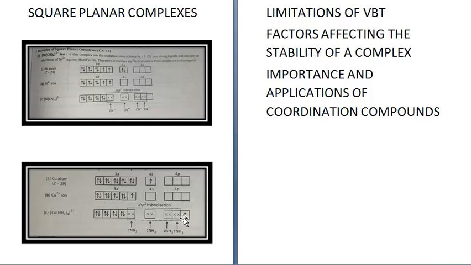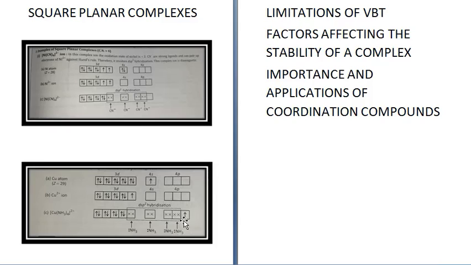Because of the presence of one unpaired electron, the complex is paramagnetic. So this is how you can predict the magnetic nature, the geometry, and the type of hybridization.